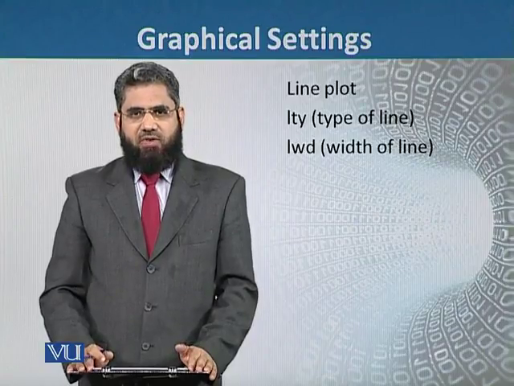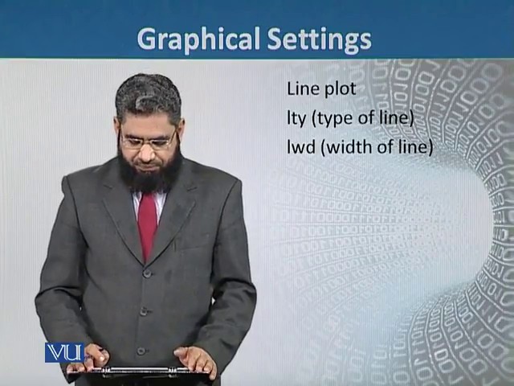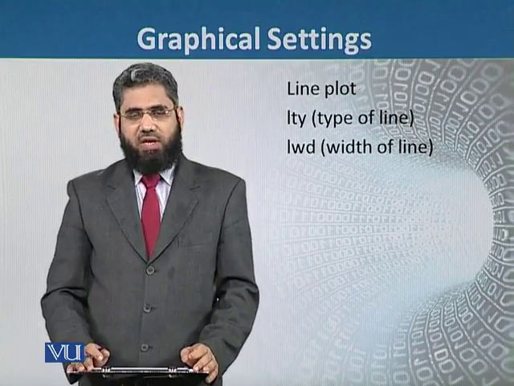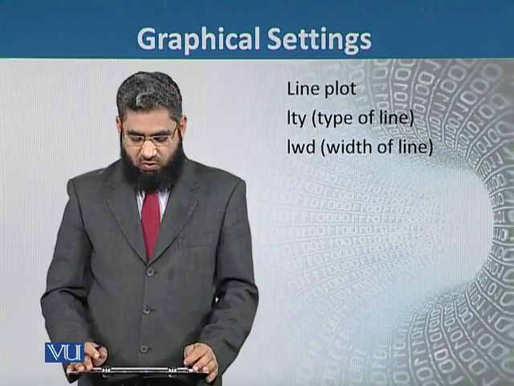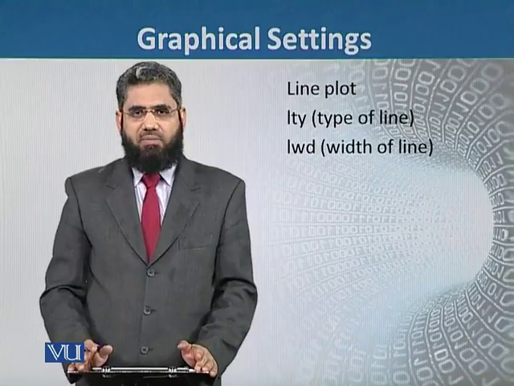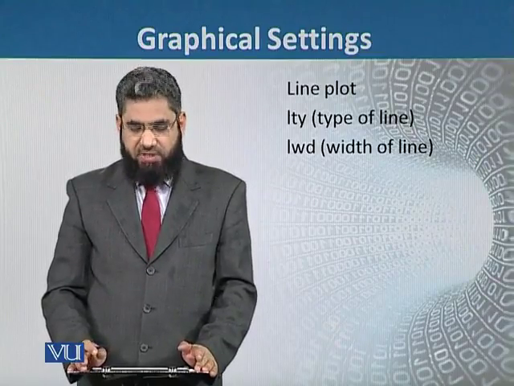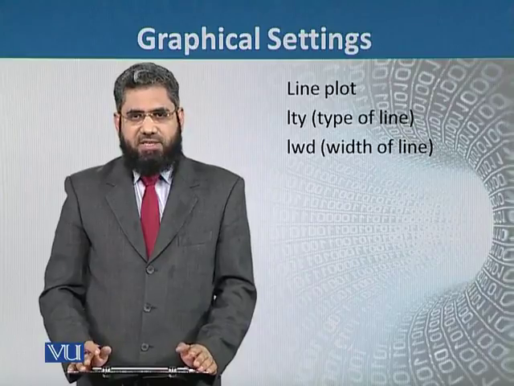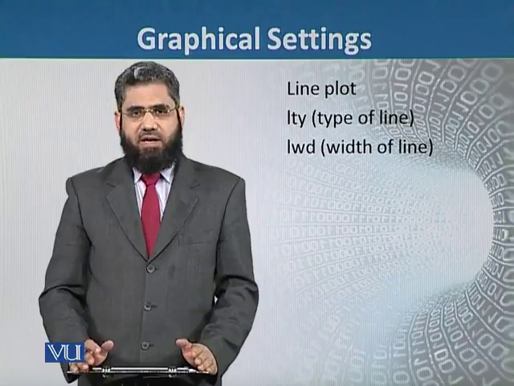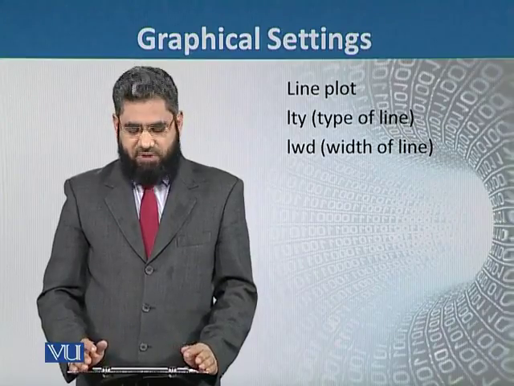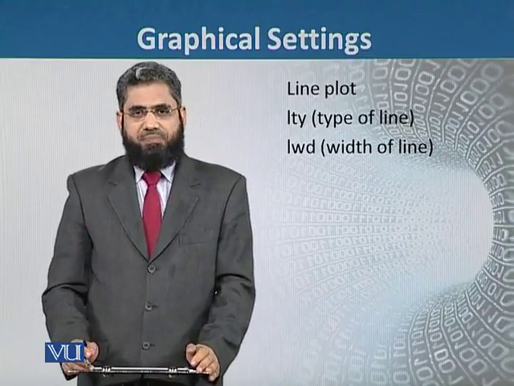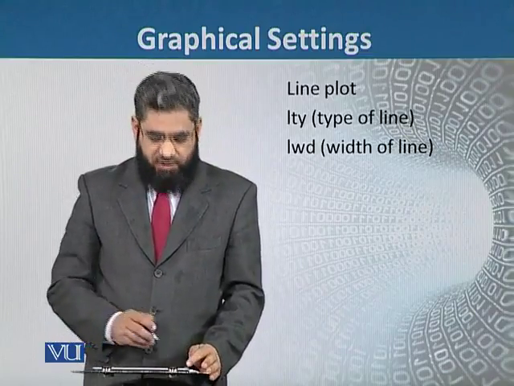For example, if we have a line plot, then we can change the type of the line and the width of the line by using the arguments lty and lwd. lty means line type: l for line plot and ty for type of the line. The second argument is lwd, where l is for line and wd means the width of the line.